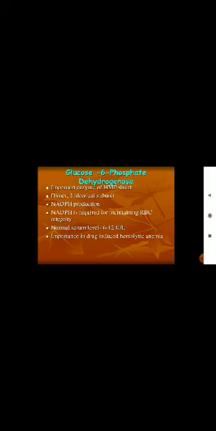Then glucose 6-phosphate dehydrogenase. This is an important enzyme of hexose monophosphate shunt, that is pentose phosphate pathway. It is a dimer, that is 2 identical subunits are there, and this enzyme is most important in production of NADPH coenzyme.